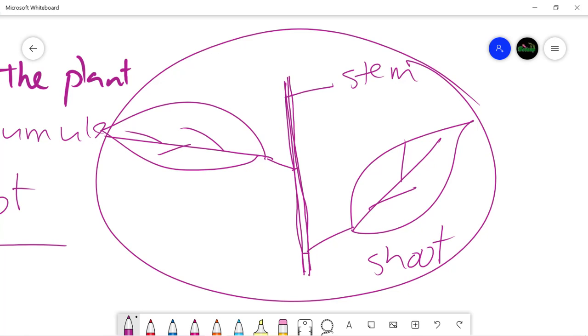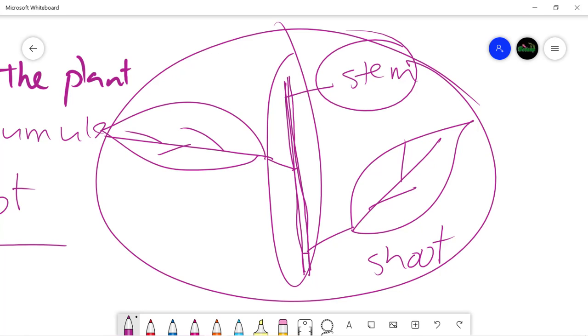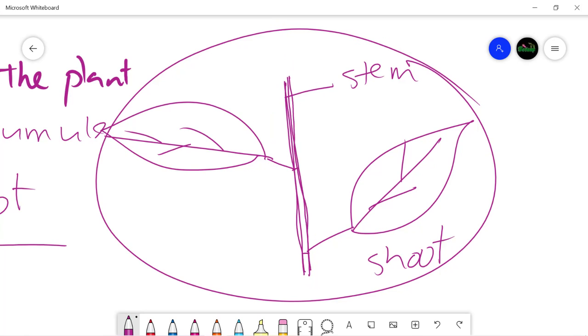And in our following discussion, and in fact throughout this course of angiosperm morphology, we shall stick to this definition. The main axis, only this part, is the stem, and the rest is the shoot. That is the stem and the leaves constitute the shoot.